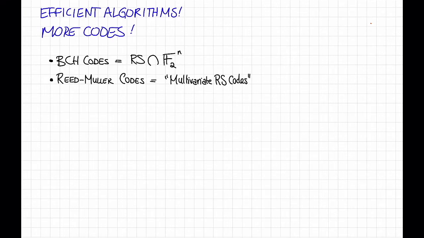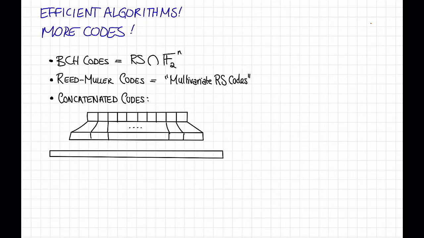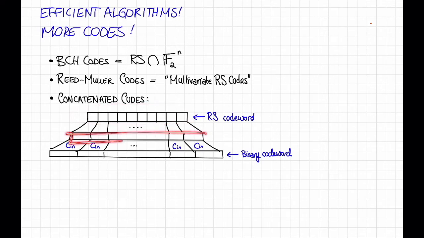We saw concatenated codes, which allowed us to take a code over a large alphabet, like a Reed-Solomon code, and concatenate it down to get a code over a smaller alphabet. The picture looked like this. That is, we start out with a Reed-Solomon code word, treat that as a bunch of bits, and then encode each chunk from that code word with some inner binary code to end up with a big binary code word.